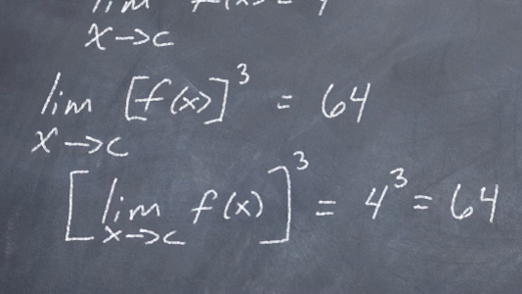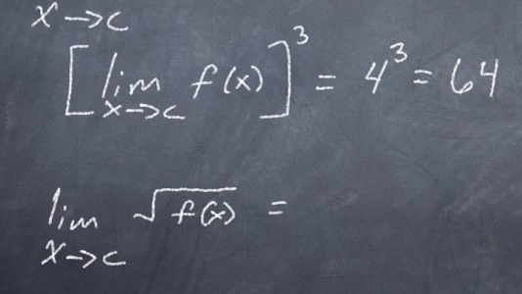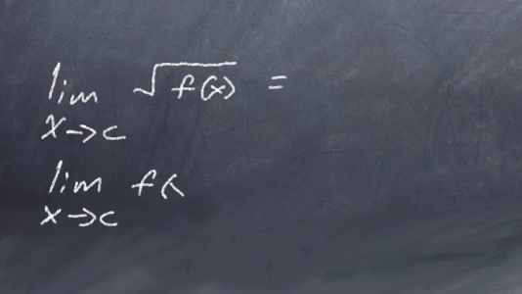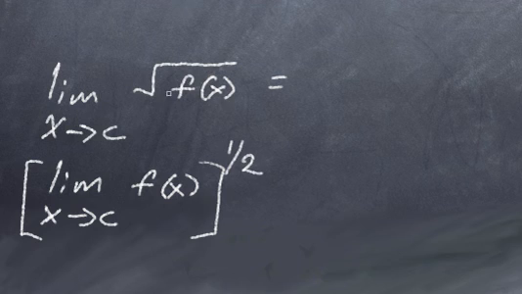All right, let's look at some other properties. So we've got something similar again here, where we have the limit as x approaches c of f(x), but now this whole thing is going to be raised to the 1/2 power, because this is a square root, and we know what this is equal to.